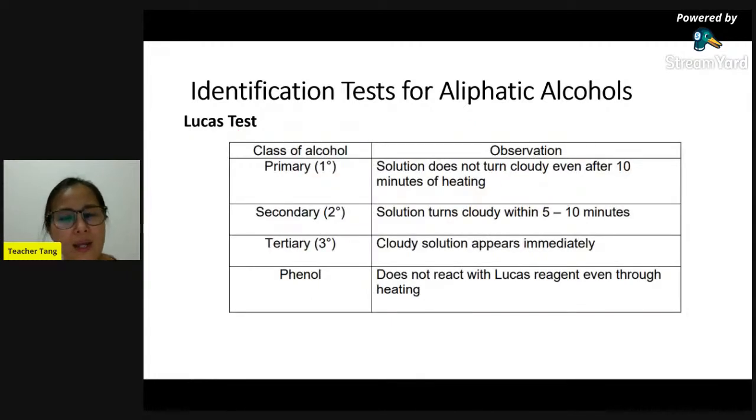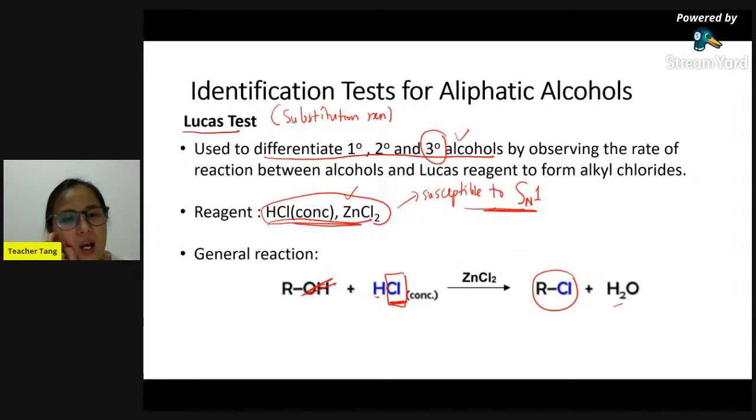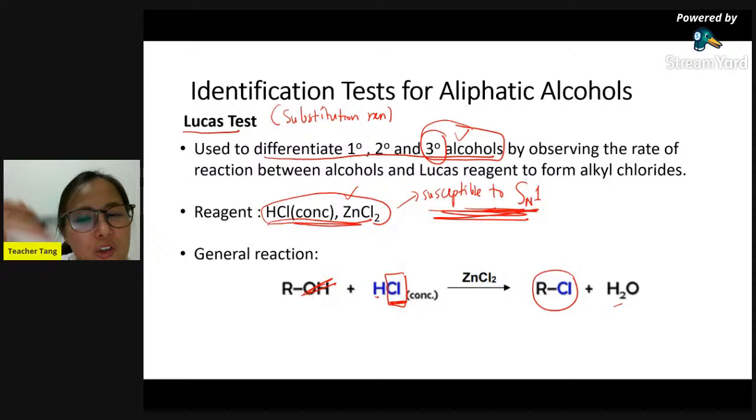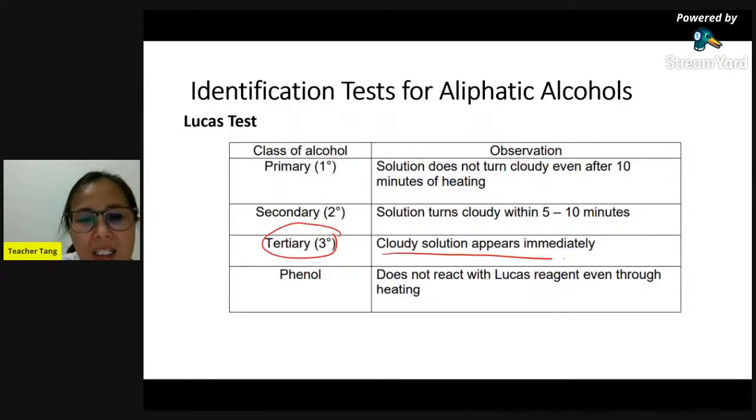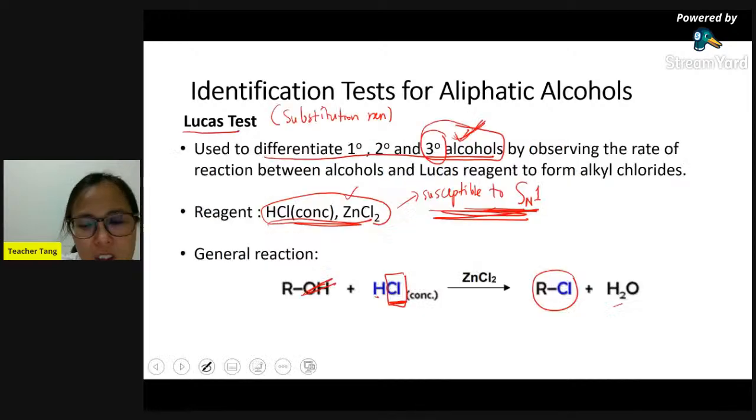Again, I told you already, the Lucas reagent is more inclined towards SN1, and tertiary alcohol can form a tertiary carbocation. Therefore, we expect tertiary alcohol to be most reactive towards the Lucas reagent, and we can see that from the observation. For tertiary alcohol, we immediately get a cloudy solution, and this cloudy solution is your product.